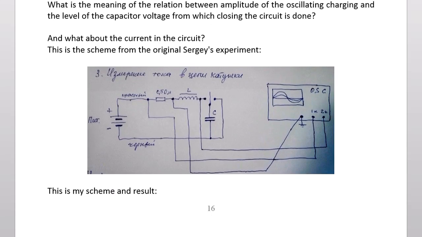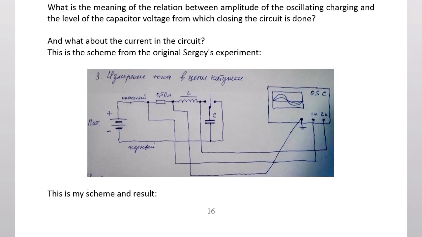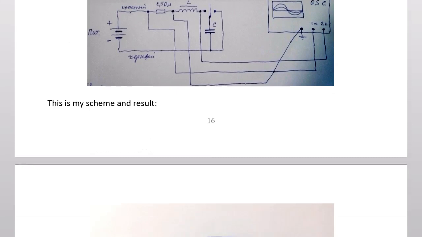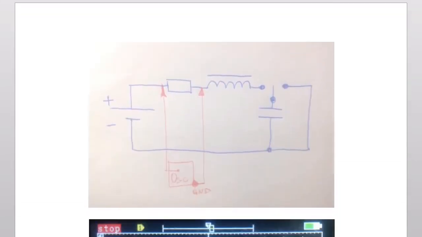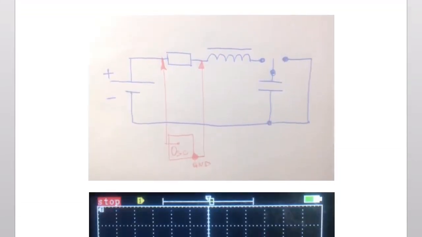This is the scheme from the original Sergey experiment to measure the current with relation to the voltage across the inductor. So next is my scheme I used for this measurement.